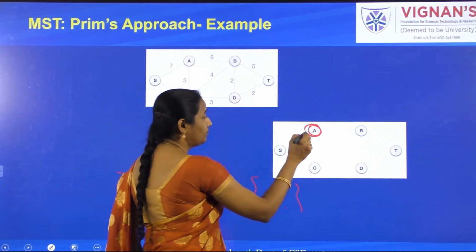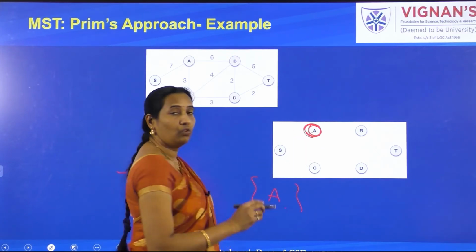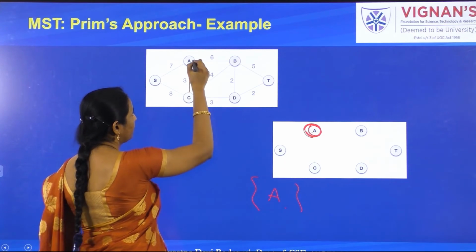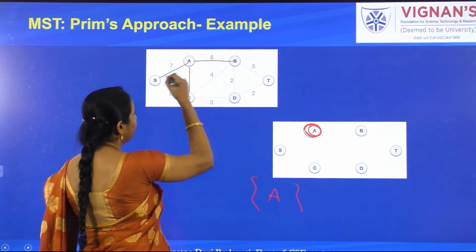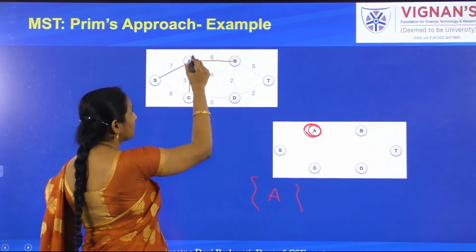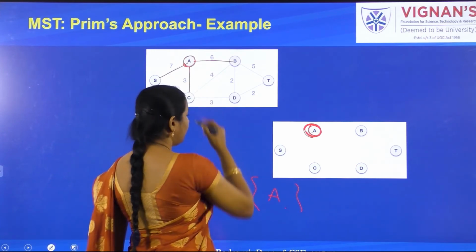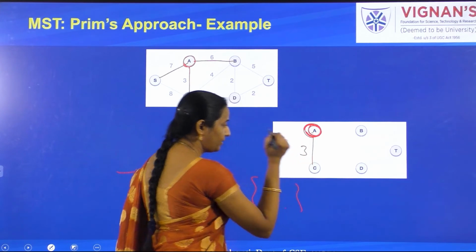And now from this vertex, you need to understand what the connected edges are. So what are the connected edges from this? A to B, A to S, and A to C. Among these connected edges, which has the least cost? The edge AC, right? So you just add that.